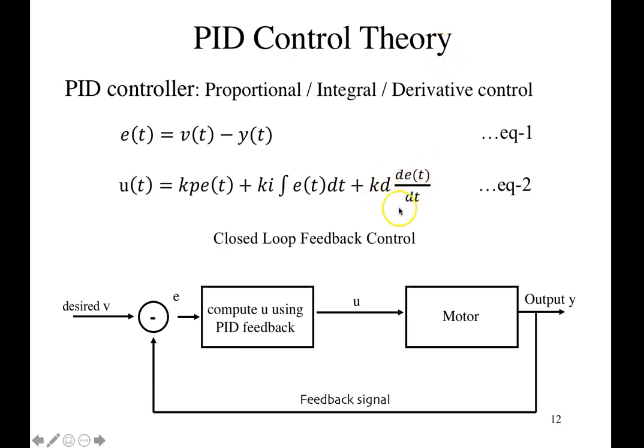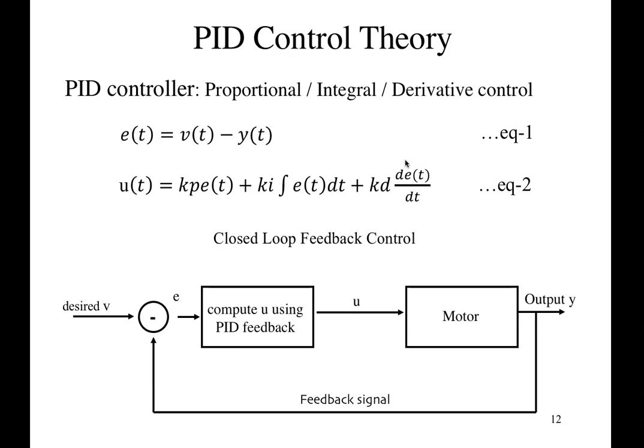So therefore, the term is decided by how fast or how slow the control error changes. It actually measures the rate of change in control error. So in combination, all three terms together, we have P, I, and D control.